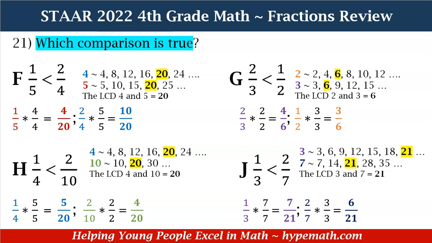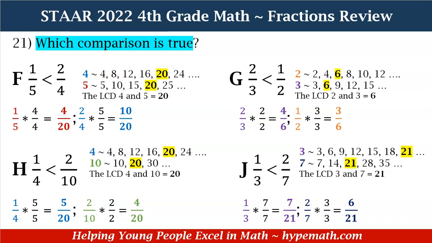Now I can find my equivalent fractions. Since we know our LCD is 20, I'm going to multiply my numerator and denominator for 1/4 by 5. Multiplying my numerators going across, 1 times 5 is equal to 5. 4 times 5 is equal to 20. So my equivalent fraction for 1/4 is equal to 5/20.